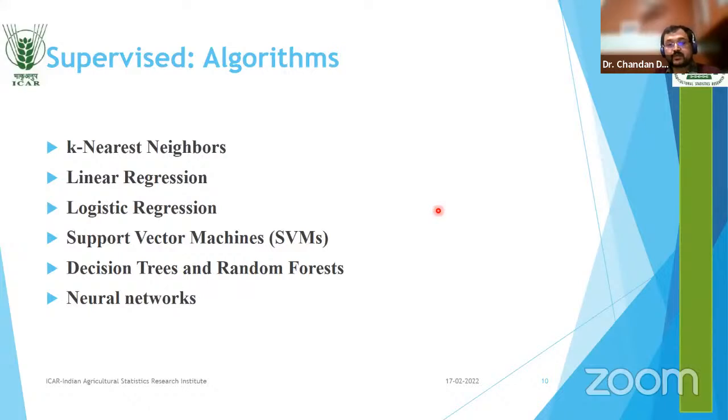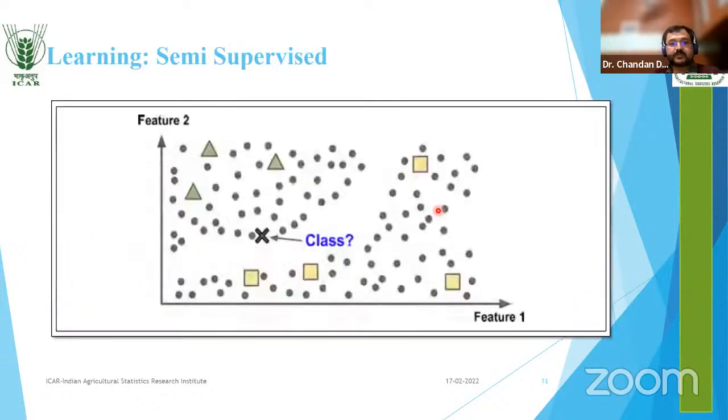This is our topic of discussion today. Other supervised algorithms are decision tree, random forest, and neural network. Some of these algorithms are also very capable of doing unsupervised, reinforcement, as well as semi-supervised learning with some tweaking in the programming.